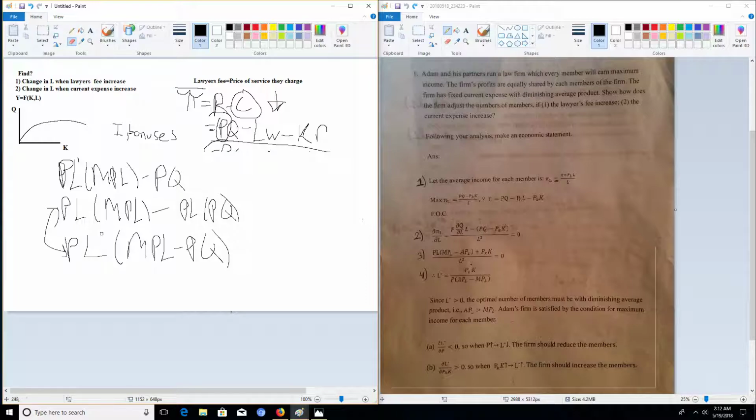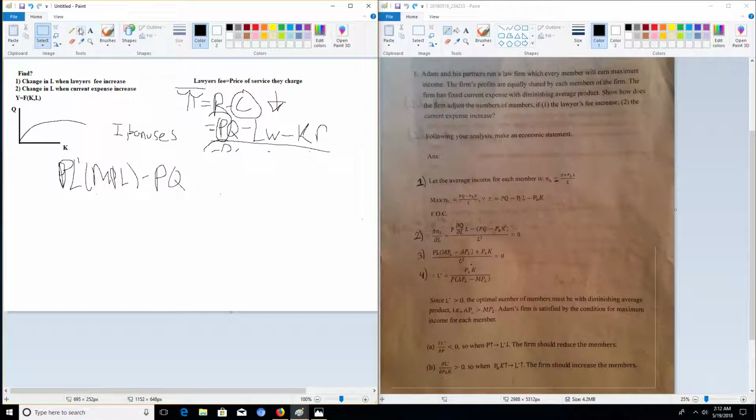So just to show you how he did that. We have to figure out PQ, or I should say PL, times some value x equals PQ, right? Divide PL by both sides, PL over PL, x equals Q over L, right?